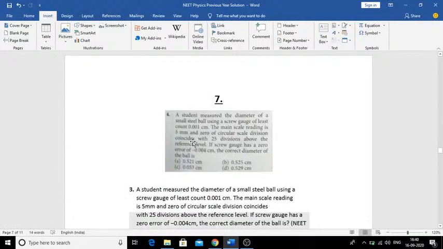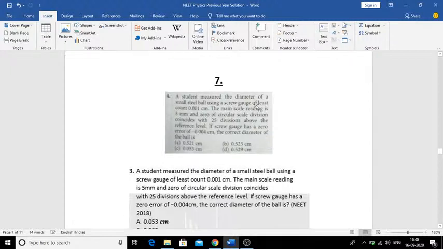Now let us go to question number 7. A student measured the diameter of a small steel ball using a screw gauge of least count 0.001 centimeter. We already know that the least count of a screw gauge mostly comes in this range only. The main scale reading is 5 millimeter, and 0 of the circular scale division coincides with 25 divisions above the reference level.